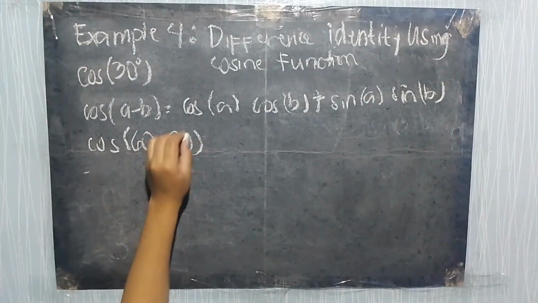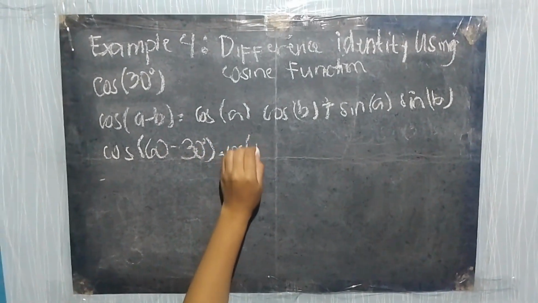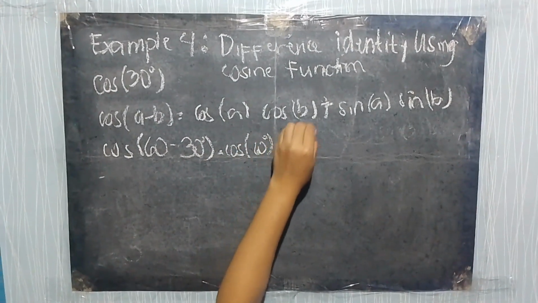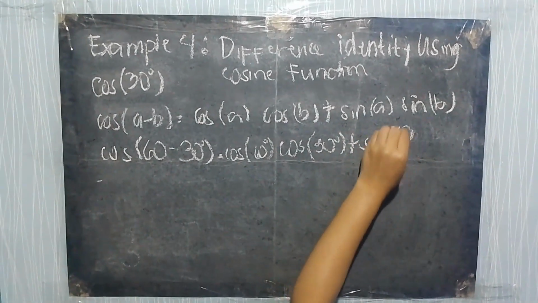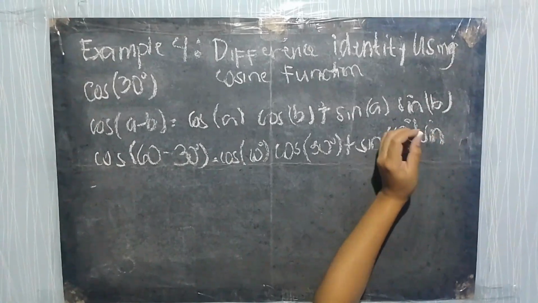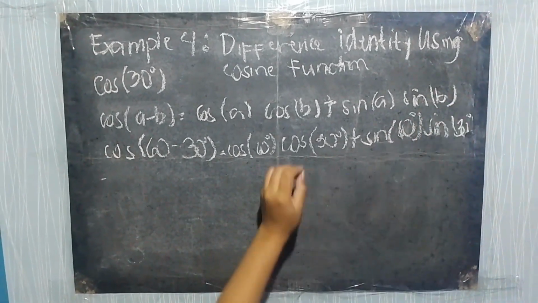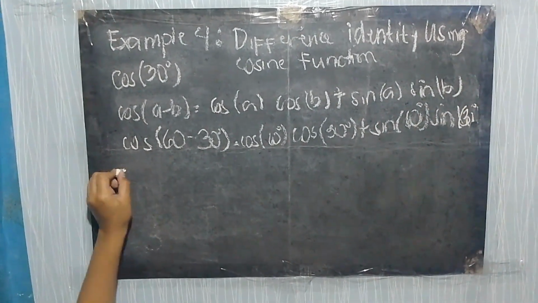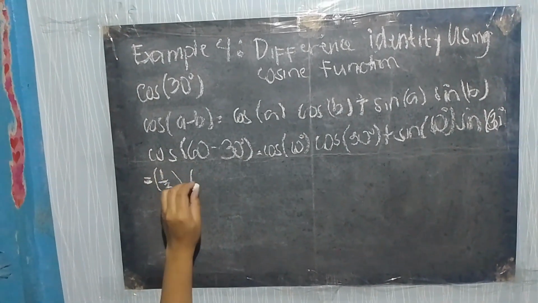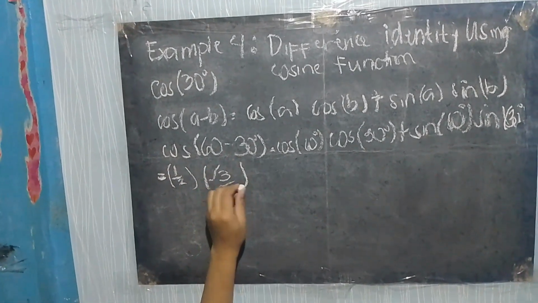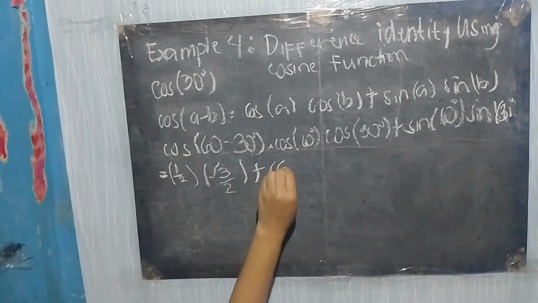So cosine of 60 minus 30 is equal to cosine 60 cosine 30 plus sine 60 sine 30. Based on the unit circle, cosine 60 is equal to 1/2, cosine 30 is equal to square root of 3 over 2, plus sine 60 is equal to square root of 3 over 2, sine 30 is equal to 1/2.